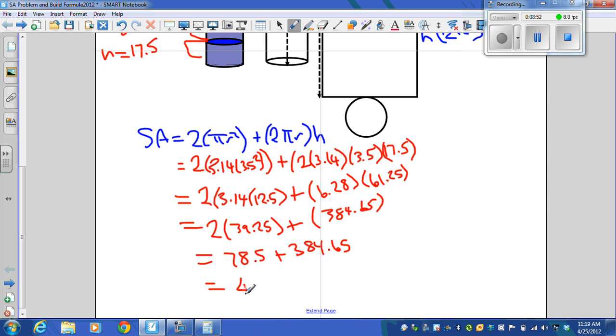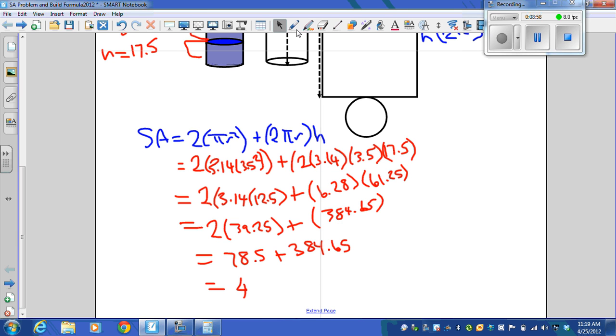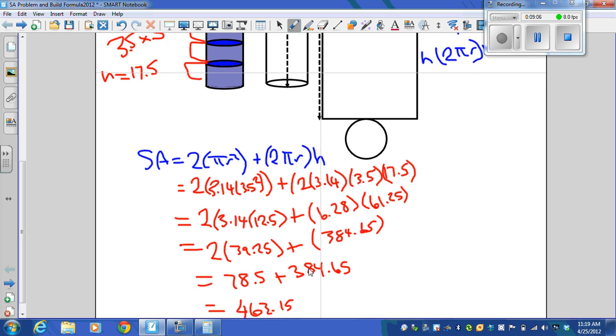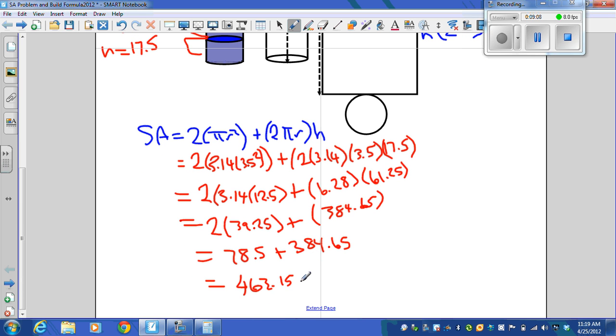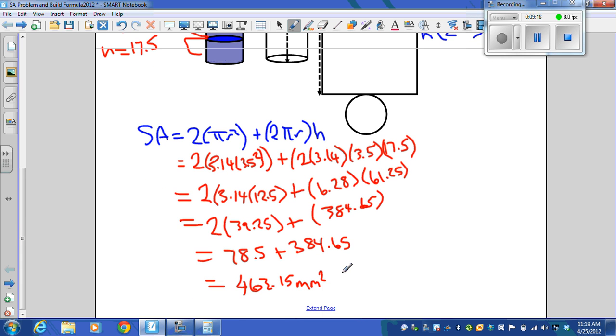So 463.15. Now, when we're dealing with surface area, the units are millimeters squared, and there are 10 millimeters in a centimeter.